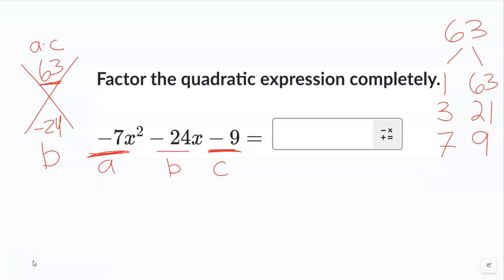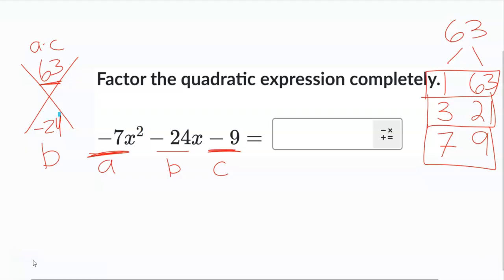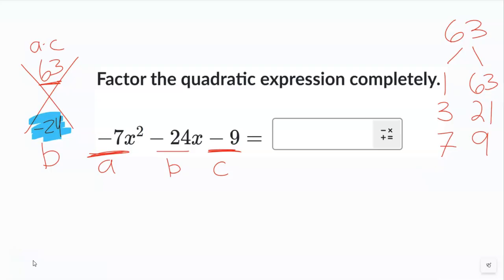Now what you want to do is try and get a set of these numbers to add up to your B value. Our B value is negative, so we're going to have at least one negative number. 63 and 1, we can't get to 24 there.